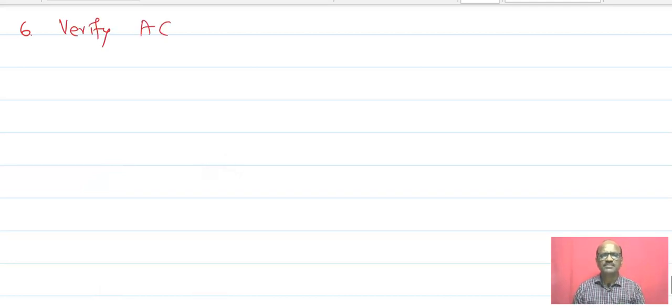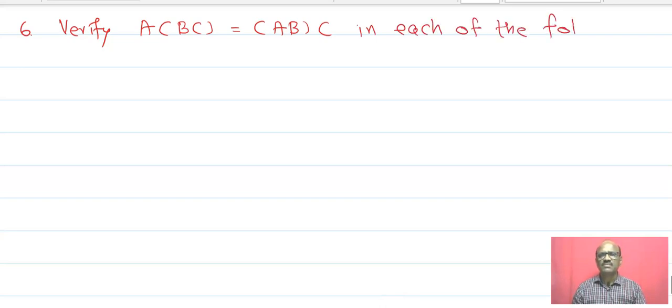Now verify A(BC) is equal to (AB)C in each of the following cases.